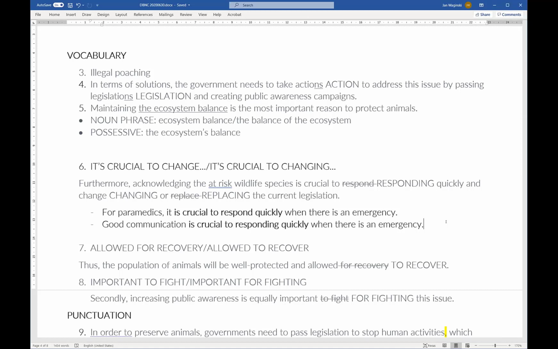So they're saying that for the paramedics, it is really difficult to respond quickly when there is an emergency. Because of the lack of resources, it is really difficult for them to respond quickly. There are many things they are facing at the time. That's why it is difficult to respond quickly.